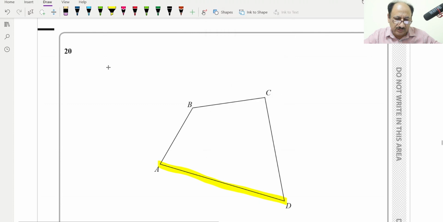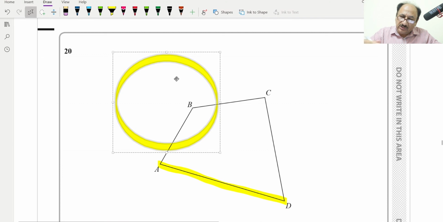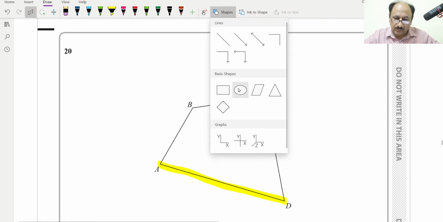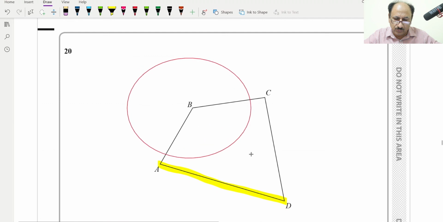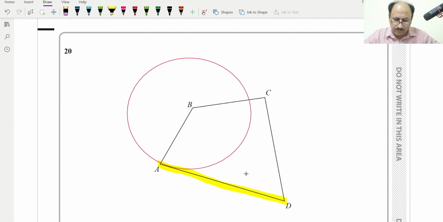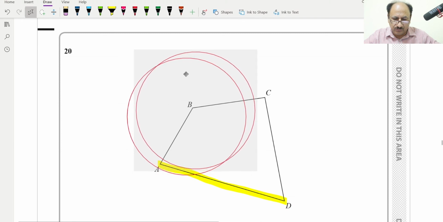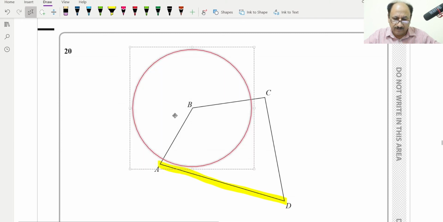I will change the color first, so I will take this red color so that you can easily figure out. For example, if this is the circle, 4 centimeter we have to take.